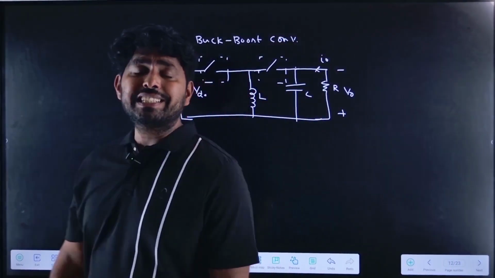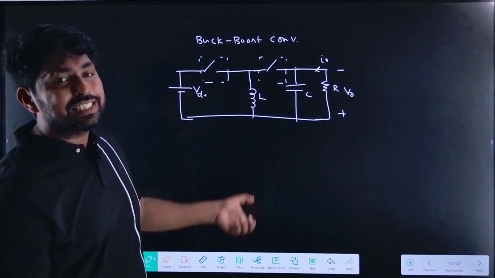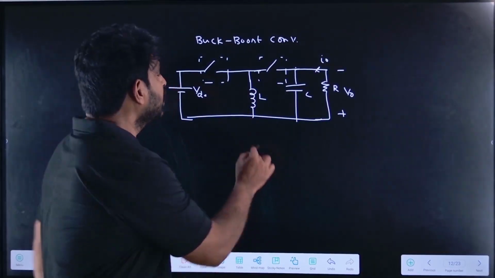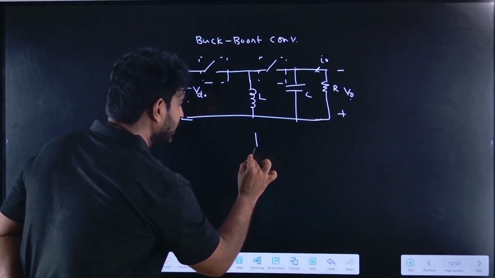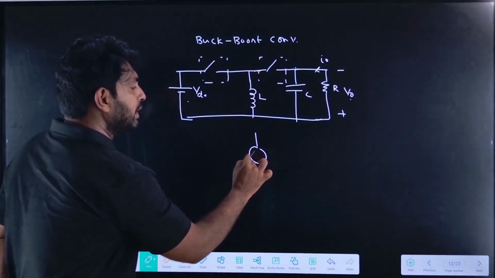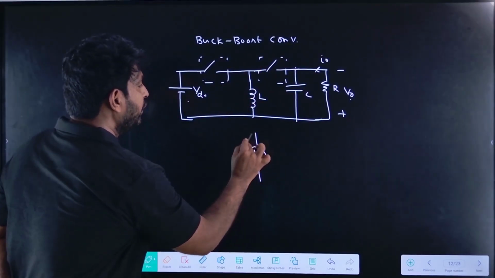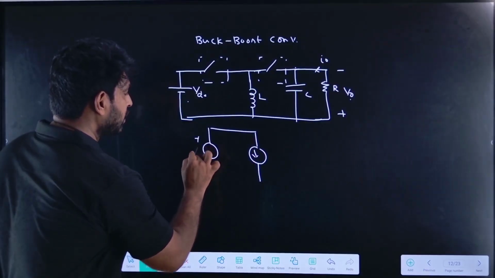In the buck boost converter, the inductance is connected in between the source and the load. So the current source will be like this, and we have the voltage source V1.